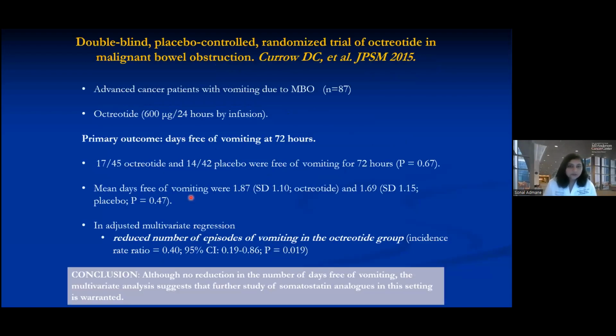So this is the study which was placebo controlled and showed improvement in nausea and vomiting with episodes of vomiting when octreotide was compared with a placebo group.